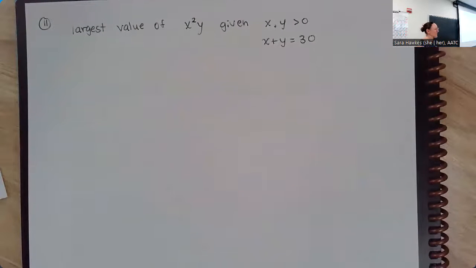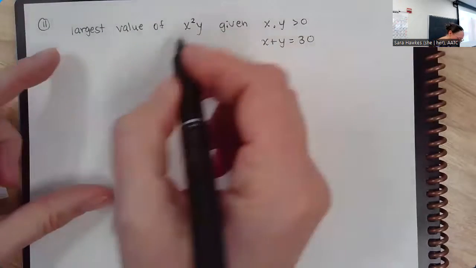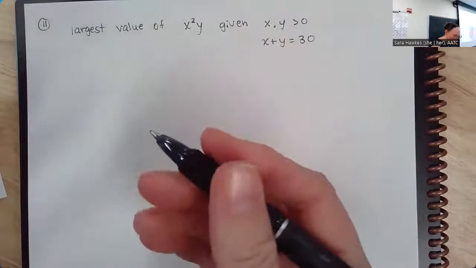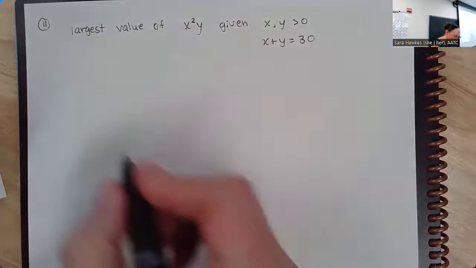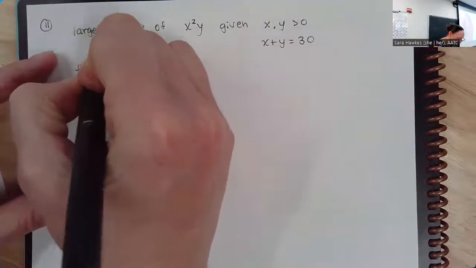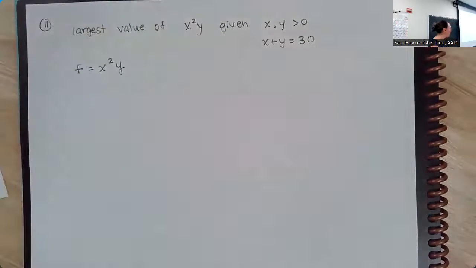So this is an optimization problem because I've been asked to find the largest value of something. I'm just going to call this f equals x squared y.